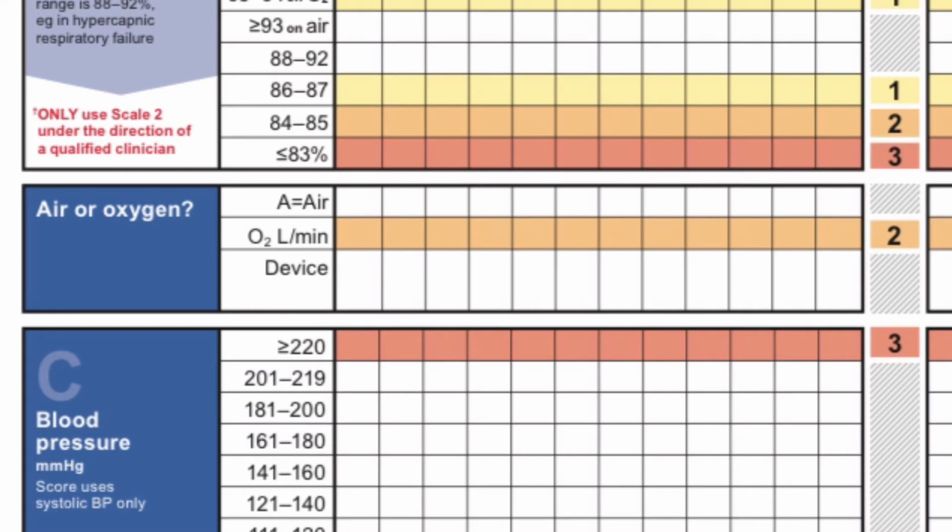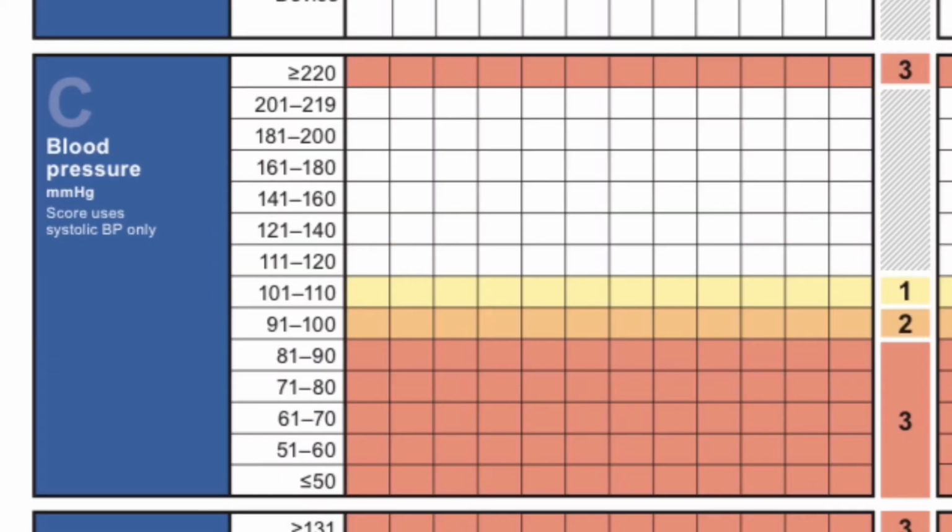Okay, so the next one is, we have already done A and B, the next one is C, circulation, blood pressure, in mmHg. The score uses systolic BP only, not diastolic BP.